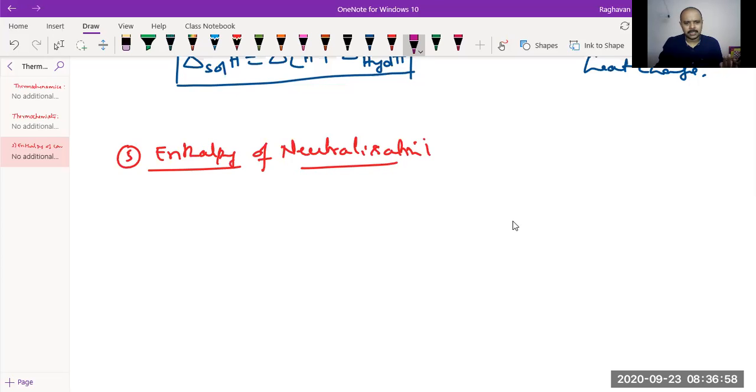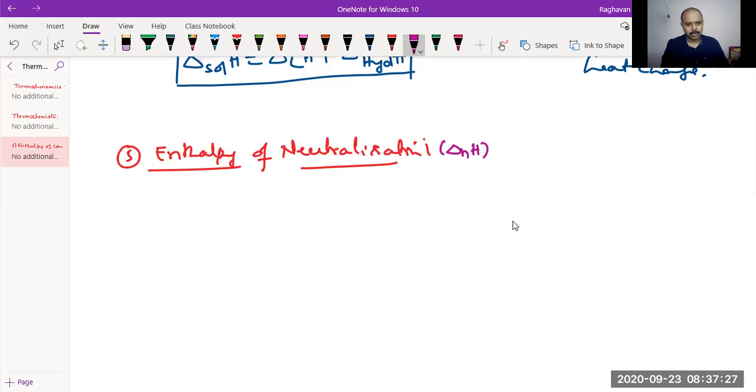But you have to have a condition. In all the previous definitions, we have taken 1 mole of the substance, whether it is formation, combustion, transition, solution. Here, we have to take 1 gram equivalent mass of an acid when neutralized by 1 gram equivalent mass of a base. Then it is called enthalpy of neutralization.